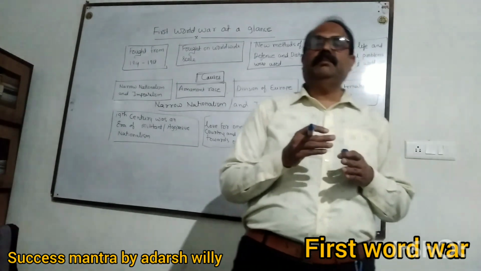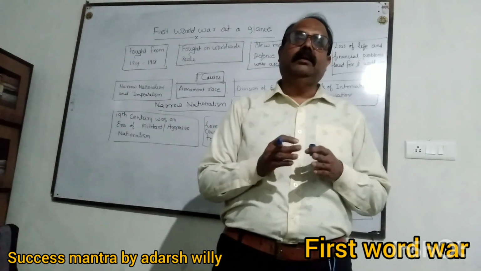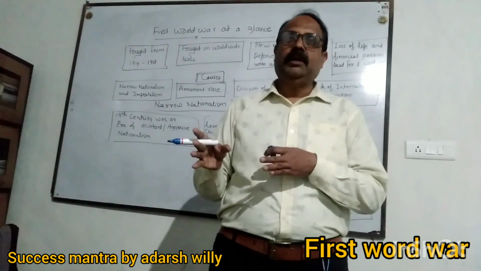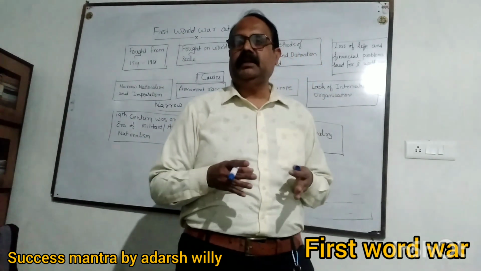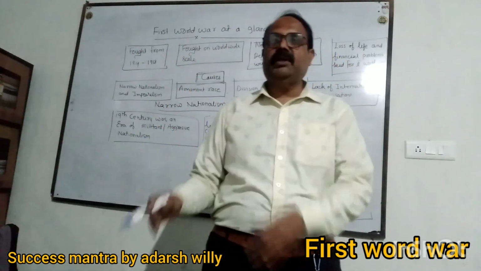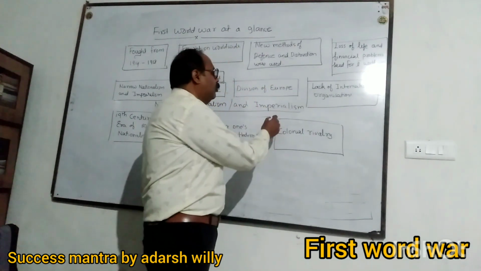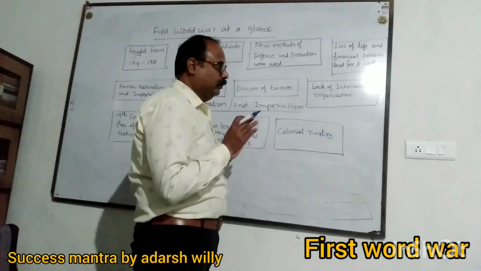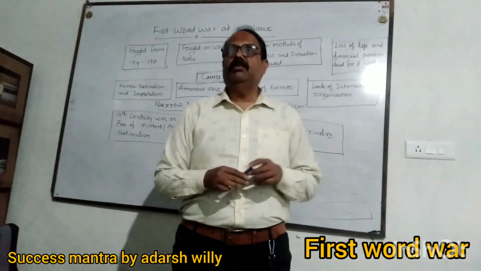Similarly, they set up colonies in Africa and many other countries. So the other countries also wanted to do the same thing and establish their colonies. Naturally there was a fight between these two, and this became a cause for the First World War.